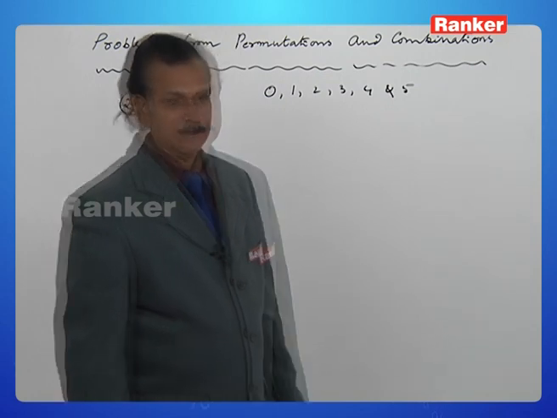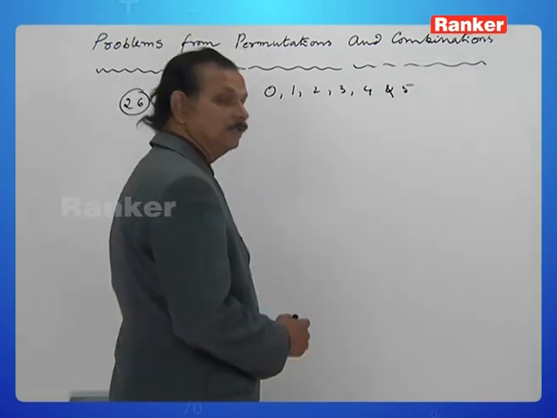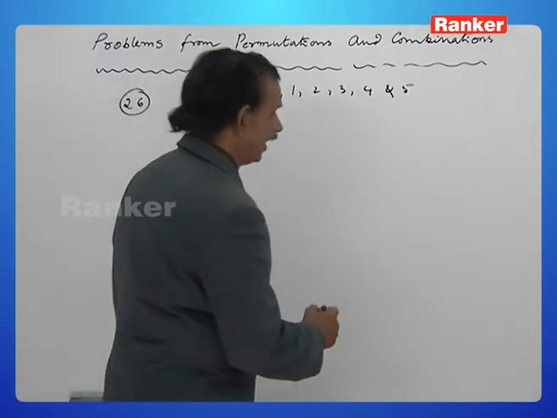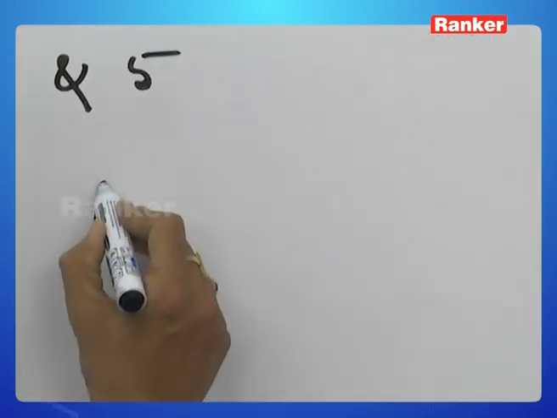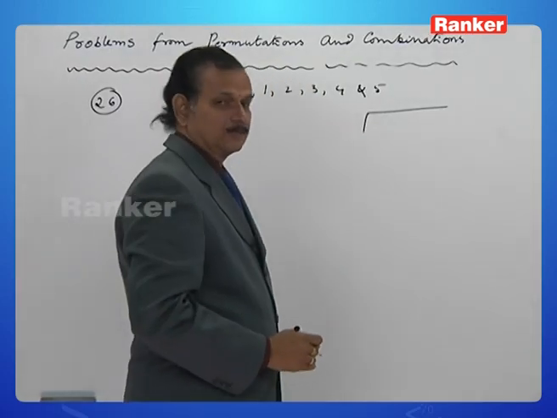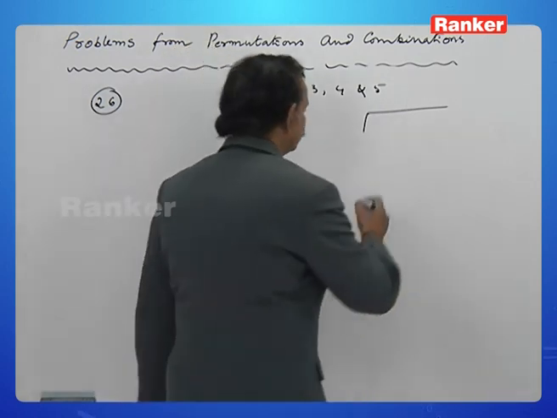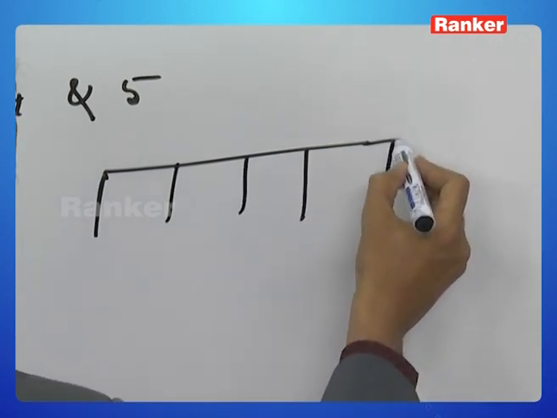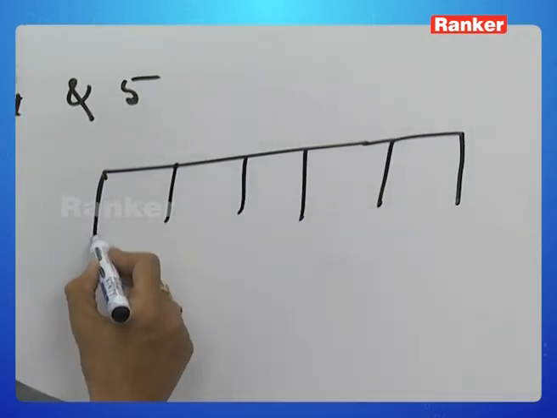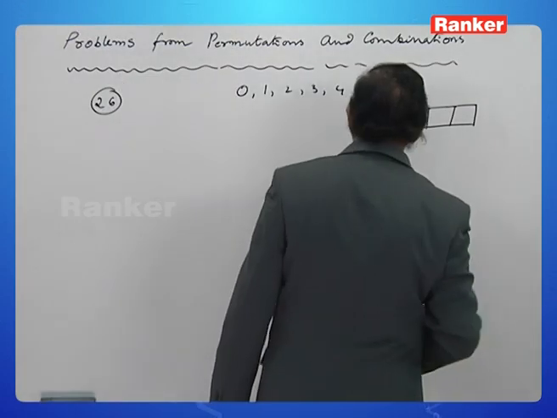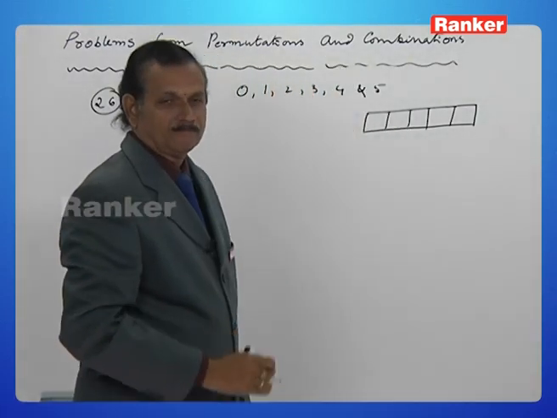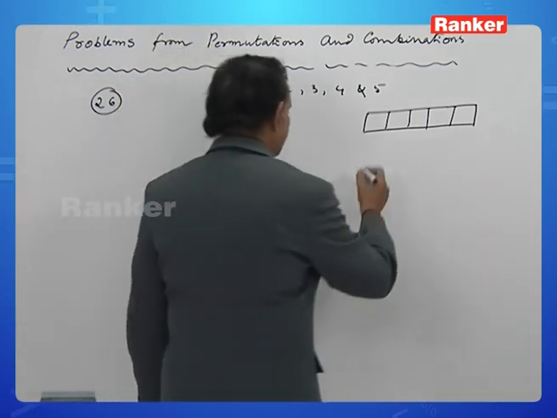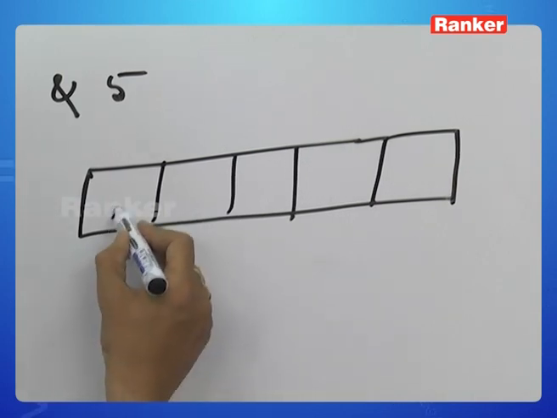How to get it? Let us first of all get the idea of forming the numbers. How many digit numbers are required? 5-digit numbers are required. That is, you are supposed to fill 5 places. The first place can be filled in how many ways?